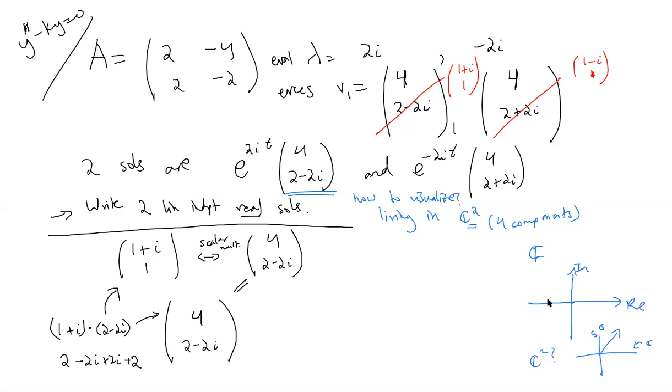Then why are they linearly independent? Well, these are not: 1 plus i and 4 comma 2 minus 2i are not linearly independent. But this and its complex conjugate are linearly independent. So these two are linearly independent, but not these scalar multiples.